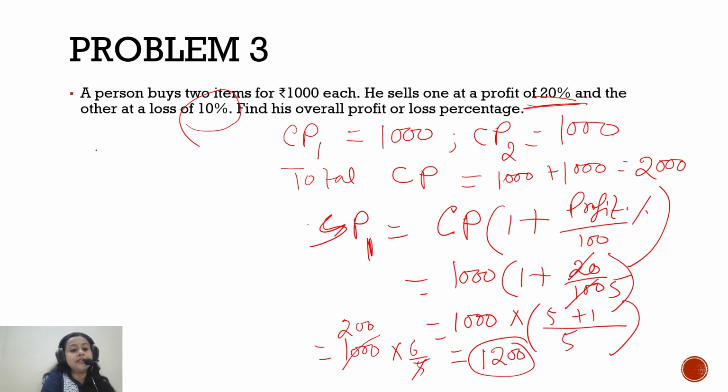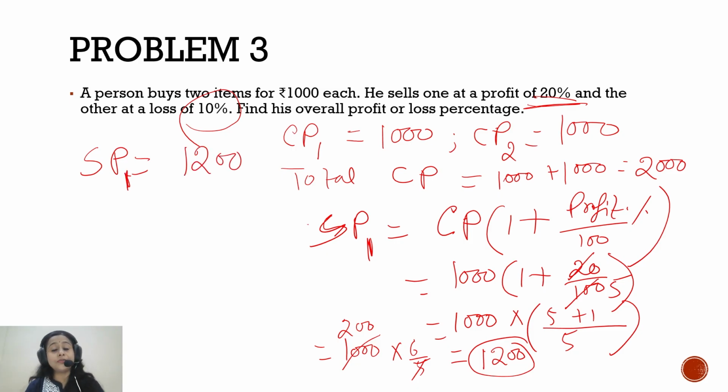So I'll write it here. Selling price of first item is 1200. Now we have to find out selling price of second item, which he sells at a 10% loss. So I will just remove this.